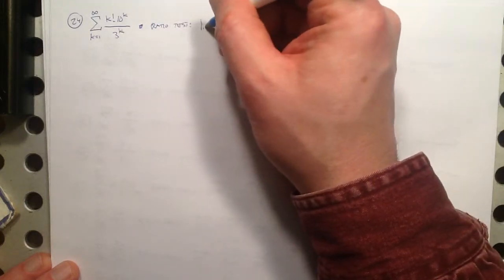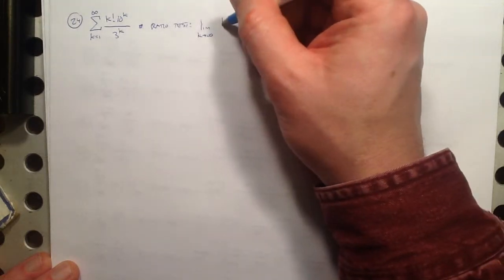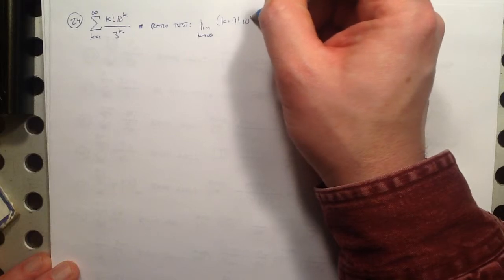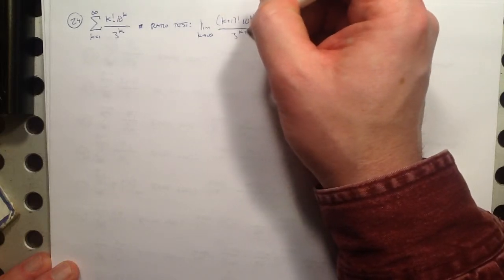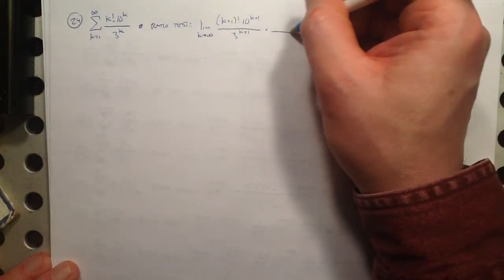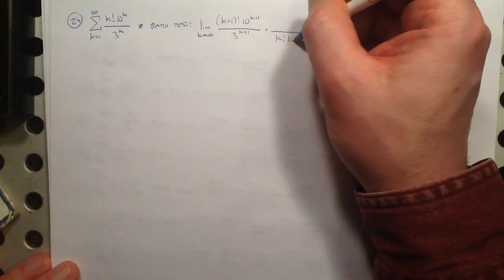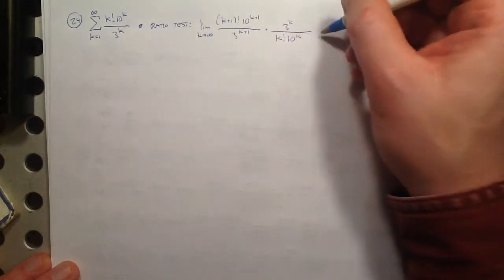So we're going to find a limit as k approaches infinity of the k plus 1 term divided by the k term, same as multiplying by the reciprocal. Getting tired of me saying that? Well, sorry. I'm probably going to keep saying it.